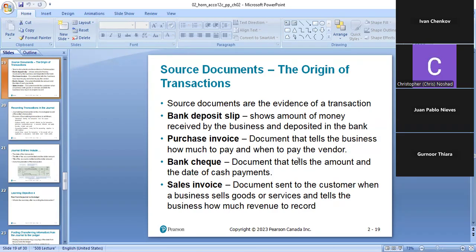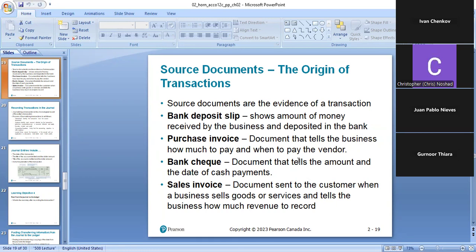And the last thing is the sales invoice. Not the last thing, there are so many different types of documents, but those are just the general types. The other one will be the sales invoice. On the sales invoice, you're going to see your company name, plus the company that you're selling to, the description of the item that you're selling or the services that you're providing, the number of items times the individual price per item, or the total of the services that you're charging, which may come from the hourly rate that you may charge.